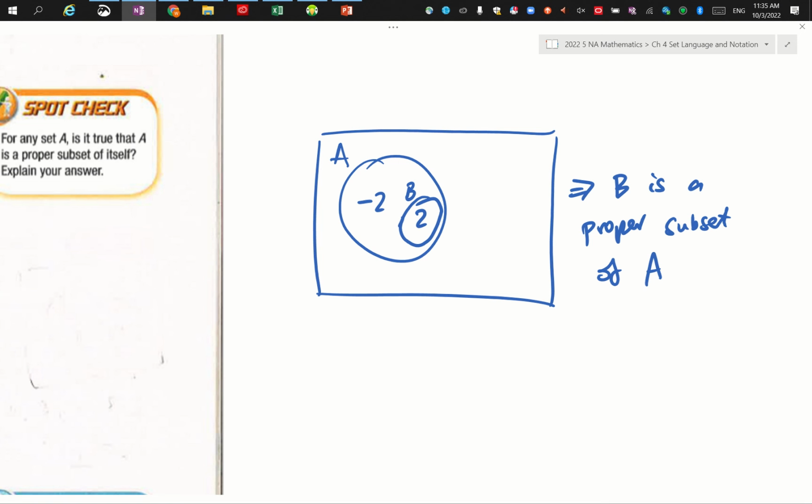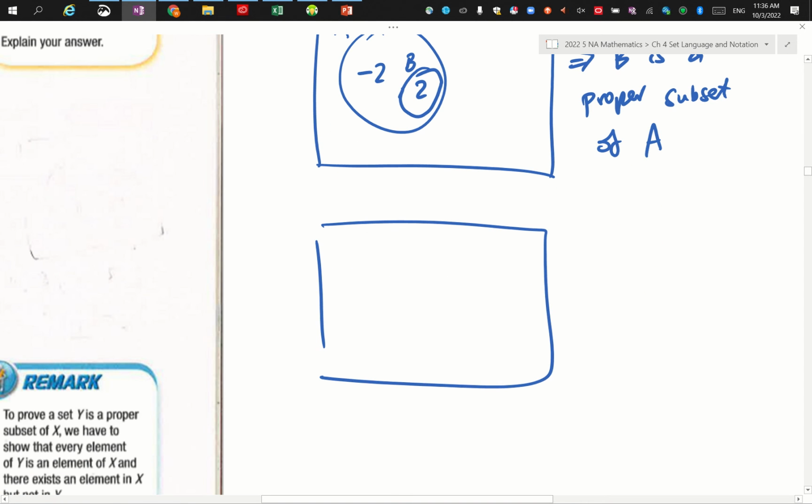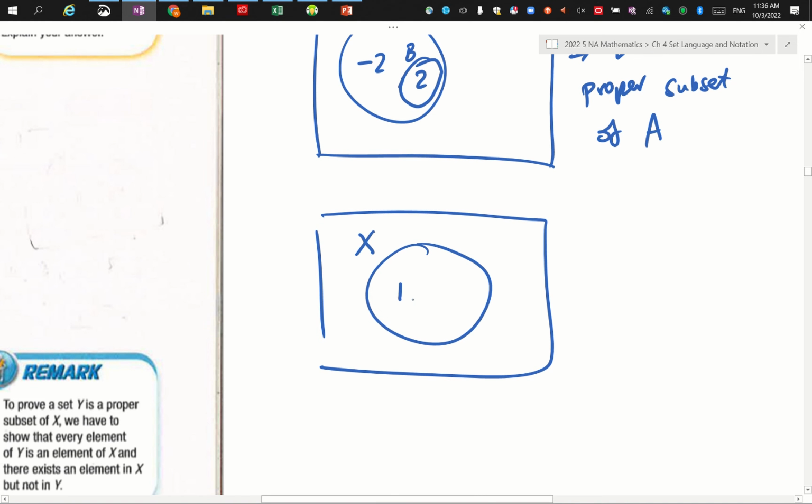Okay, so what is an example of a subset that is not proper? I'll give you an example. Let's have set X. Inside this set, I've got 1 and 2. Now I draw another set.